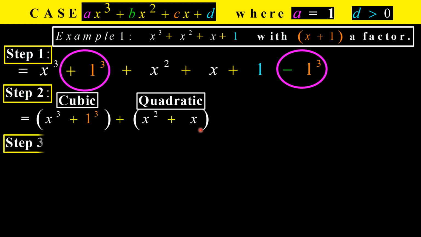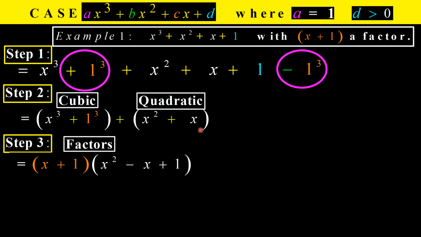Now let's factorize the cubic. The cubic, as we did in our previous slide, is x plus 1, x squared minus x. If there's a positive, there's a negative. It's always a plus there. And the quadratic, this quadratic here, because it consists of two terms, quite simple, I can just take out the common factor. Now what do we notice? One of the factors of my cubic matches with one of the factors of the quadratic.